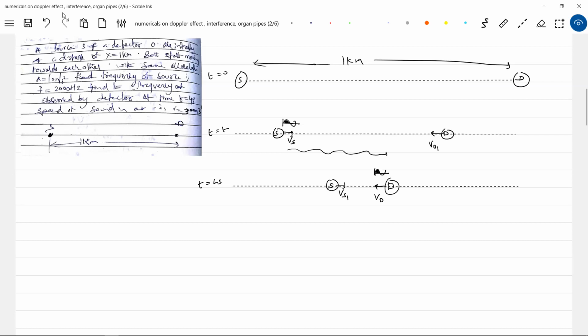If I hear the sound wave at 4 seconds, what does it mean? Prior to 4 seconds it should have been generated. See, at 6 o'clock, if I say hello, then I would have started speaking just before 6 o'clock.